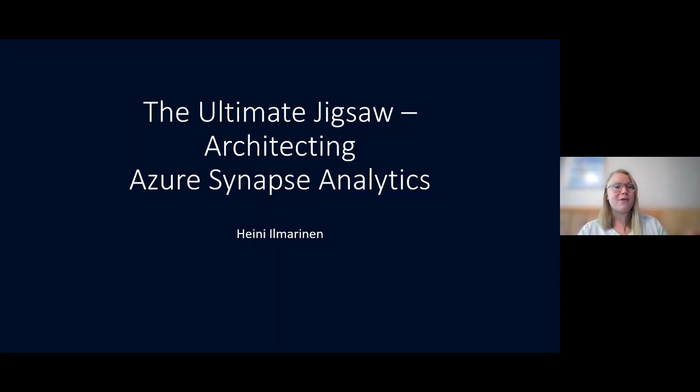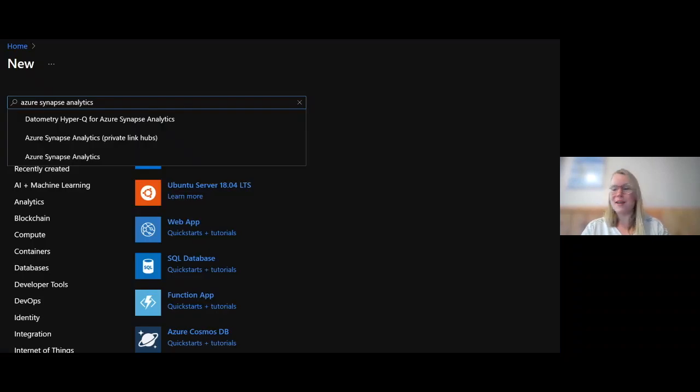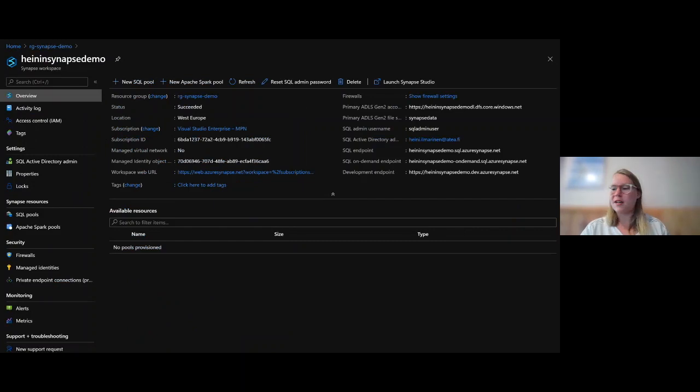So now if you go to the portal, you will more easily find Azure Synapse Analytics there. There's some other stuff showing up, but it makes sense that it's the one that just says Azure Synapse Analytics, so it's easy to find. And once you put the service up, what you end up with is a service that has a lot of components to it.